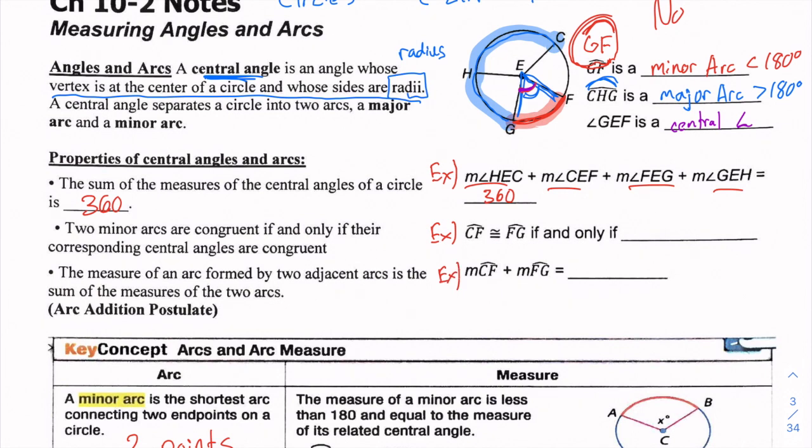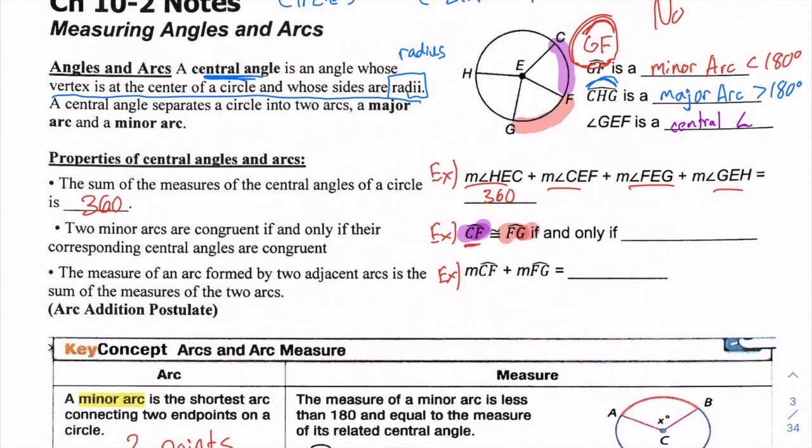2 minor arcs are congruent if and only if their corresponding central angles are congruent. Okay, let's see what this means here. This is saying arc CF, what is that? I'm just going to erase this so we can have an easier visual. Arc CF and arc FG, where's FG?